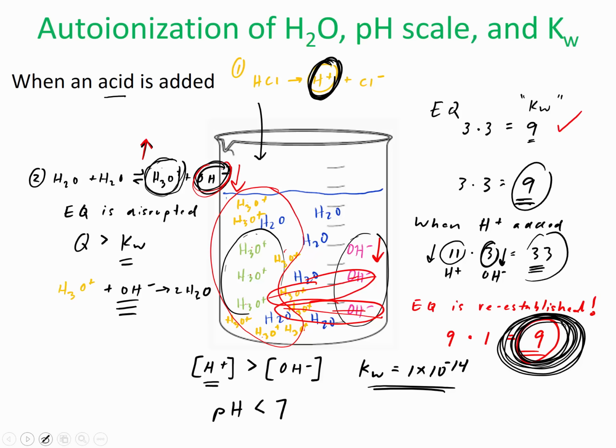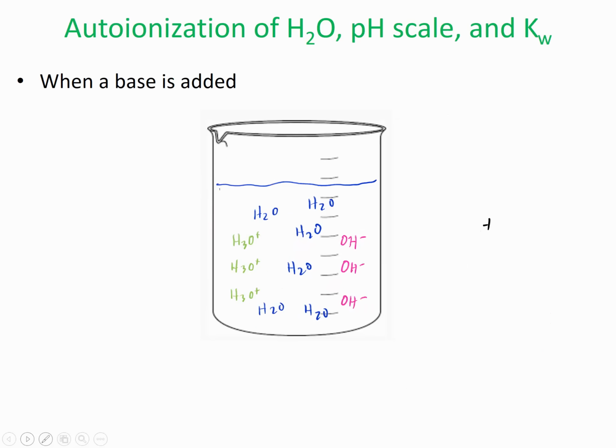Okay, so let's do a similar analysis when a base is added. If you have a base, we'll make this the new base purple, I guess. So if you have NaOH, we add some NaOH. This is going to dissociate, and the Na+ is a spectator, so we're just going to omit it from this picture to simplify things.